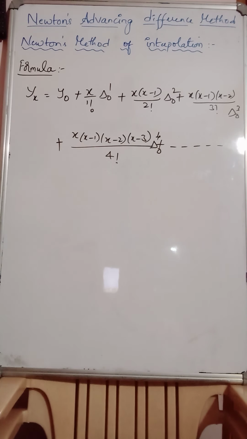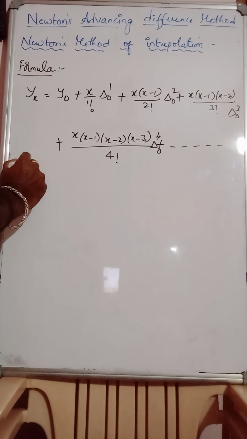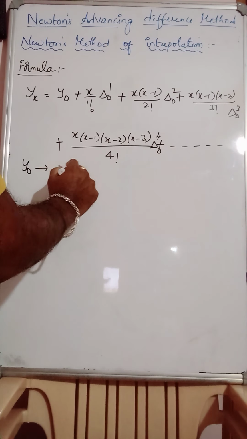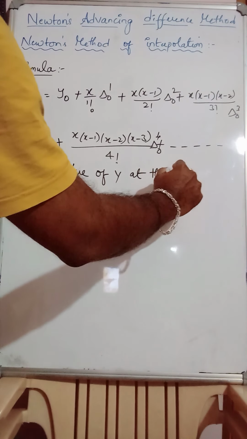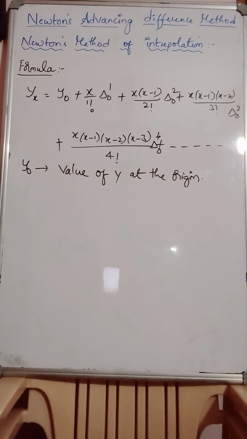Now let us see the leading difference. Before that, here what we have learned: what is y naught? Write down, y naught is the value of y at the origin. Y naught is the initial, the first origin value of the y dependent variable. Next, what is x here? The x should be obtained by using the formula.